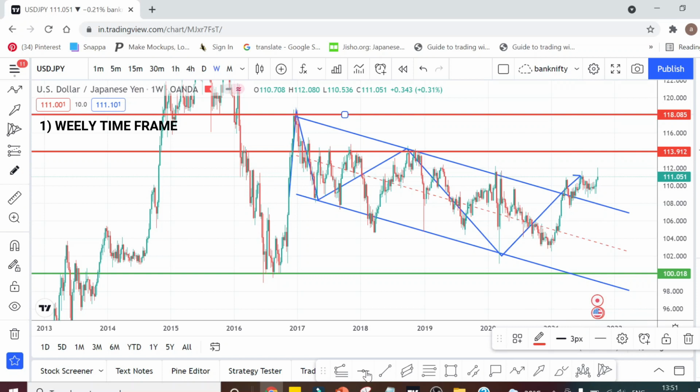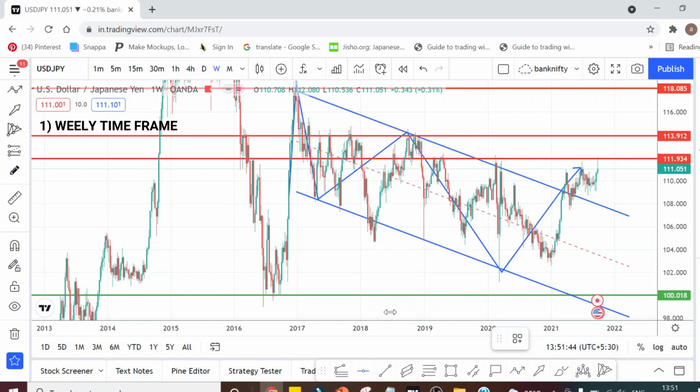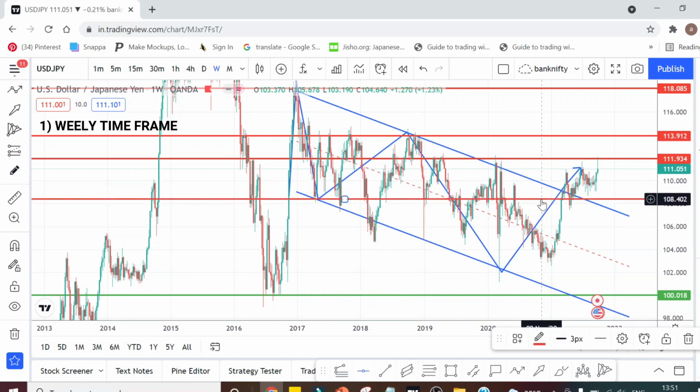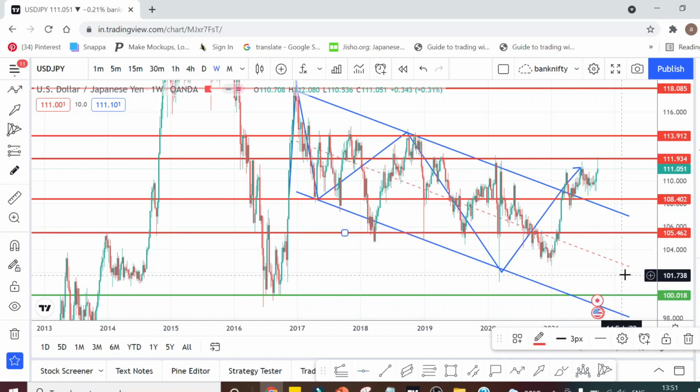Next lower resistance is going to be at this point, 111.934. That is acting as the present resistance. When we see the support, the support is going to be over here, that is 108. Next support is going to be 105. This is going to be the next support.